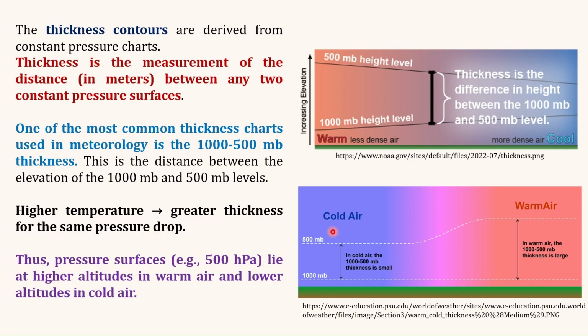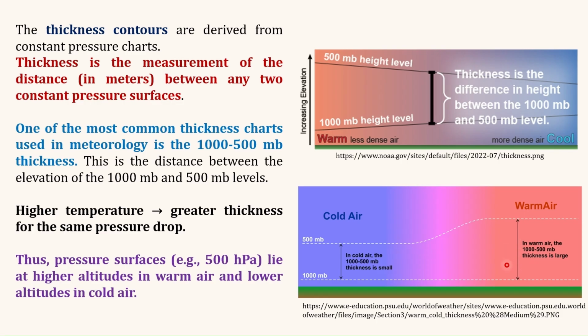In the cold air, as the molecules are concentrated near the surface, the change in atmospheric pressure from 1000 millibar to 500 millibar occurs at a lower altitude. So, in cold air, the thickness between 1000 millibar and 500 millibar is small. But in the warmer air, as the molecules spread apart, the rate of decrease in atmospheric pressure is less.